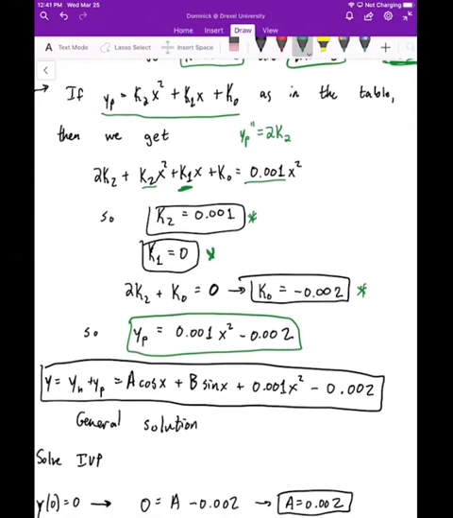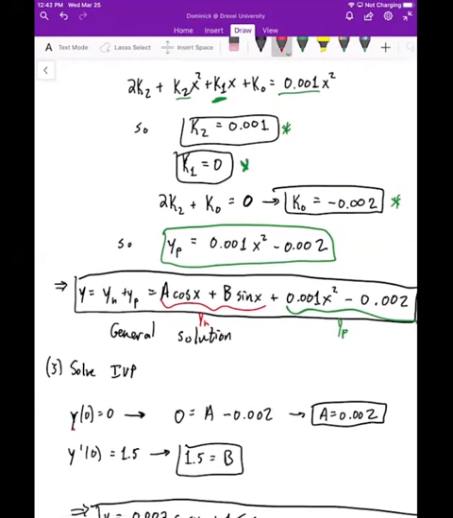So now, remember our general solution is the homogeneous solution, which is this. This is y sub H, plus the particular solution that we just found. That was this. This is y sub P. So that's our general solution. Now, of course, to determine A and B, we would need to use the initial conditions.